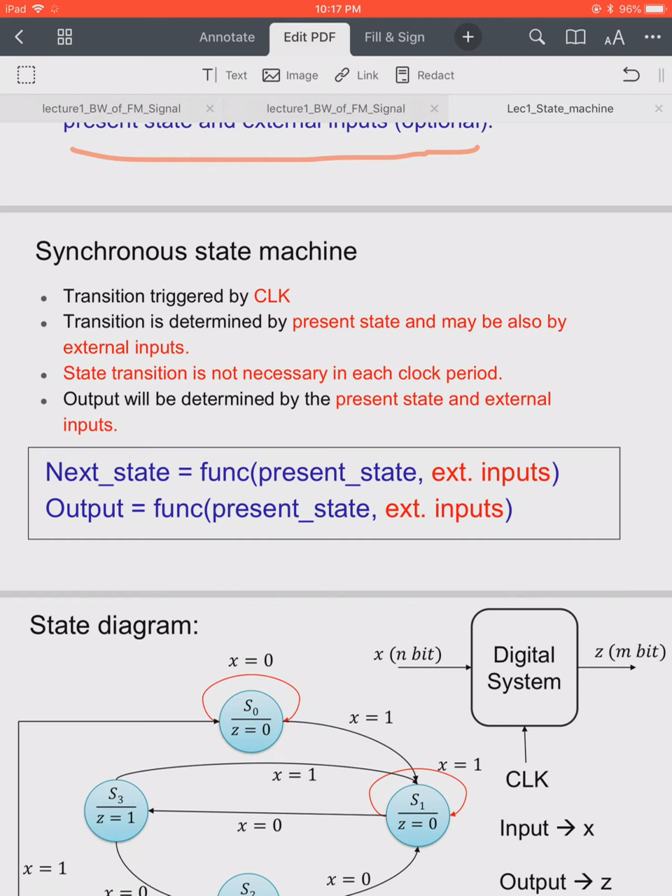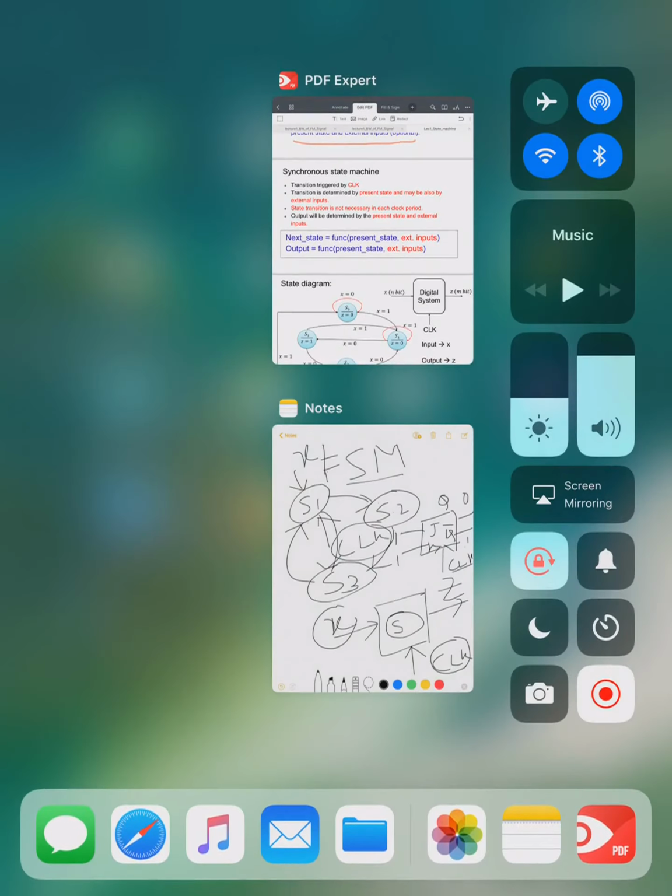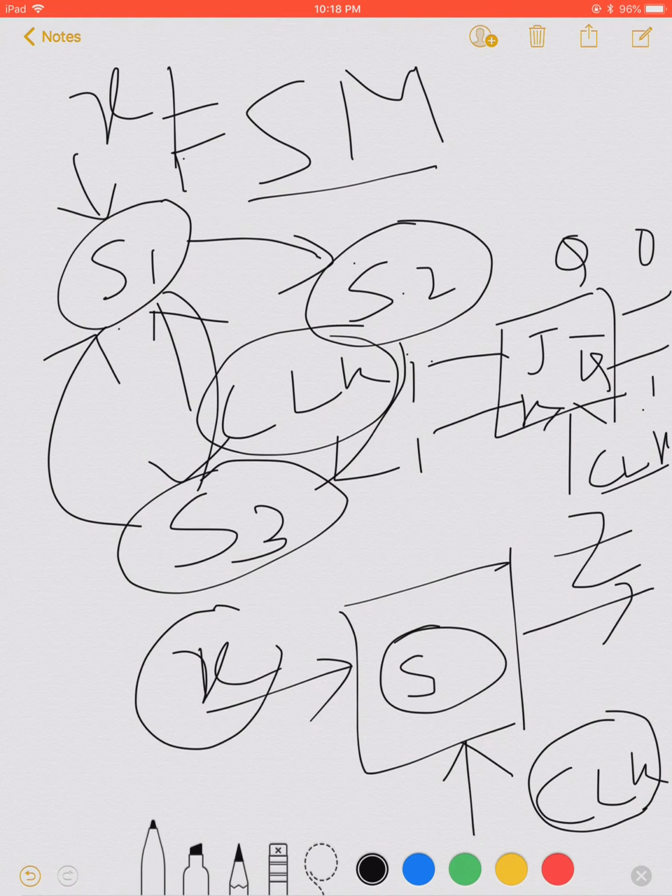And a state transition is not necessary in each clock period. It may happen that the state machine is staying. Just look here, suppose S1, S2 and S3. It may happen that the system remains in state S1 for a long period of time.